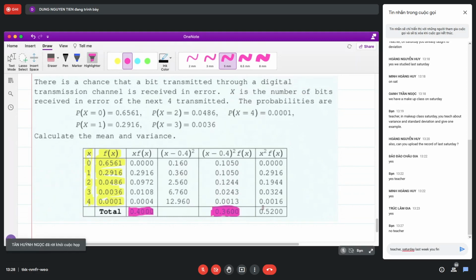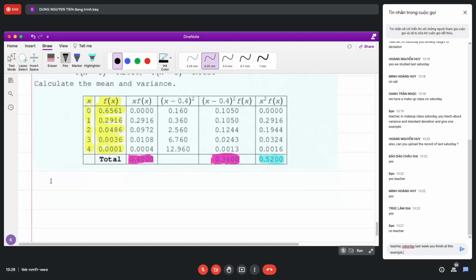Now I want to talk about the last column. What is the last column? The last column gives you 0.52. What is 0.52? 0.52 is the sum of x squared f of x, and that is simply the mean value of x squared.